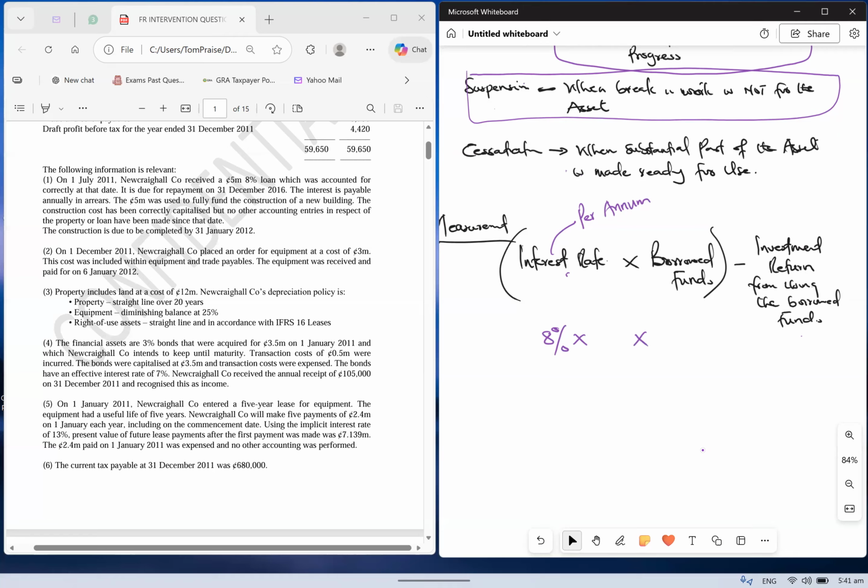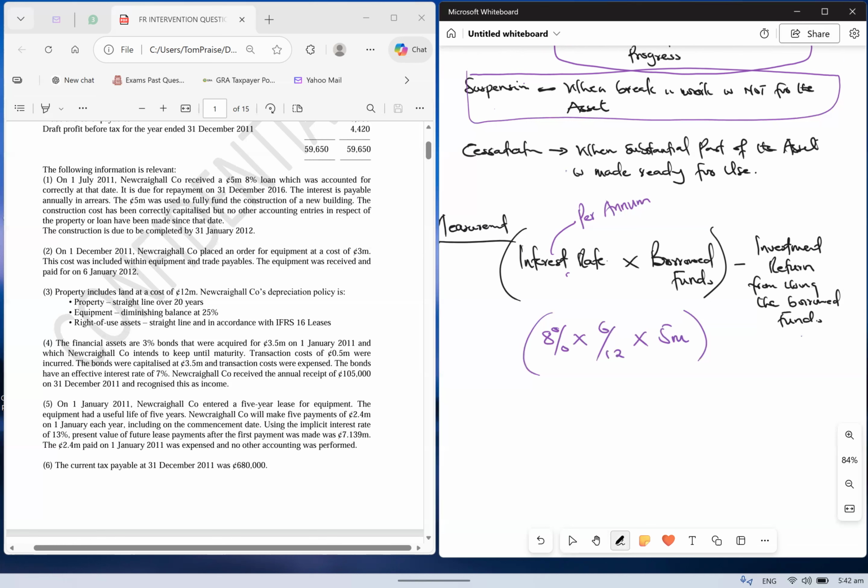If you check, the whole thing is like 7 months, is that not it? But the period we are doing our financials, it is 6 months. So 6/12 multiplied by the borrowed fund of 5 million. We don't have a situation where he also invested the money and got some return.